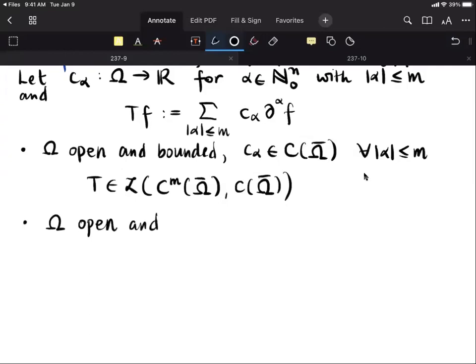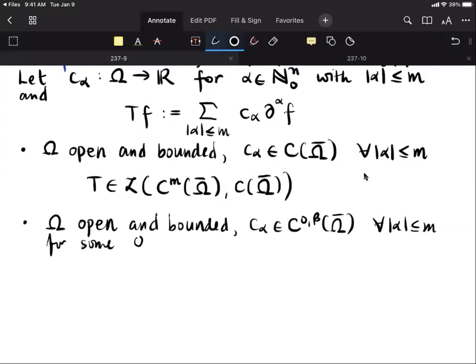Again, if omega is open and bounded, and C alpha belong to the Holder space C0 beta, for every alpha, for some beta positive but less than or equal to 1, then you can check that T is a bounded linear operator between the Holder spaces Cm beta and C0 beta.